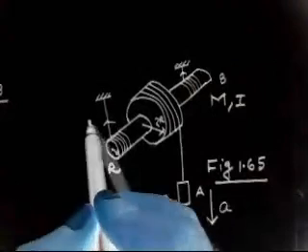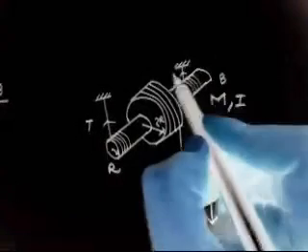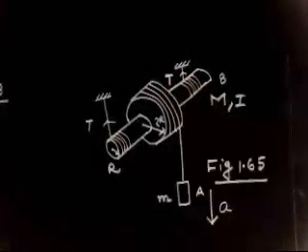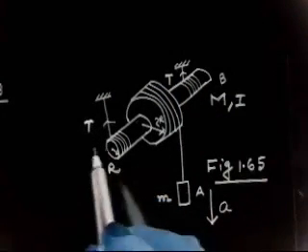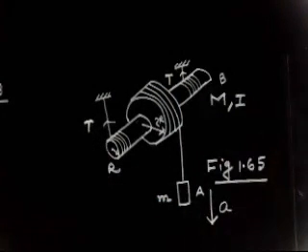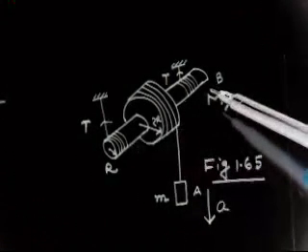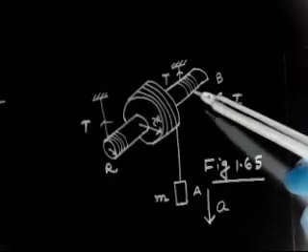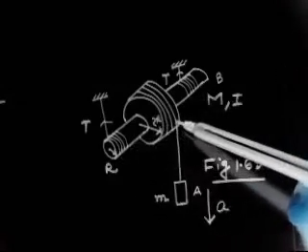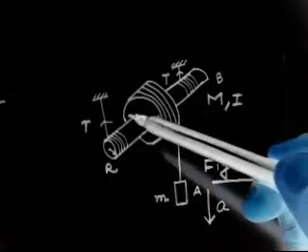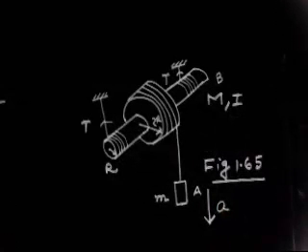If this string has a tension T, this string also has a tension T. There is no reason that you can prefer one string and give it more tension. Everything is symmetrical. This is the middle. This is also in the middle. So tension on this and tension on this is the same.